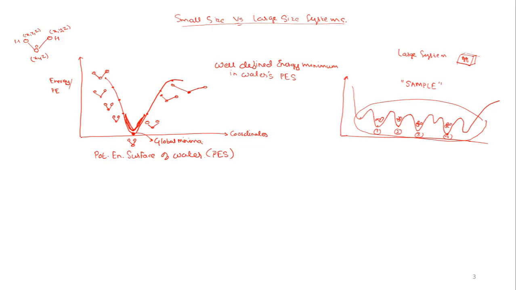Okay, so now let us proceed with our further discussion as to what exactly we do. Say, for example, let me again draw a bigger potential energy surface of our protein molecule. On the y-axis we would be plotting our potential energy or just the free energy of our system, and on the x-axis there would be coordinates, or you can say conformation, of our protein.